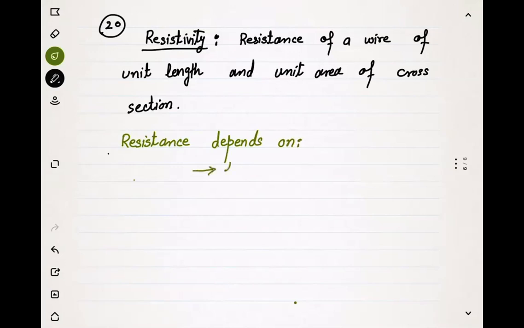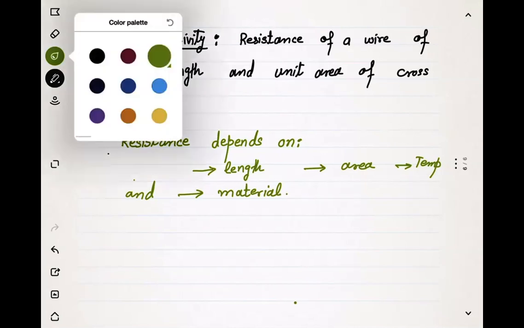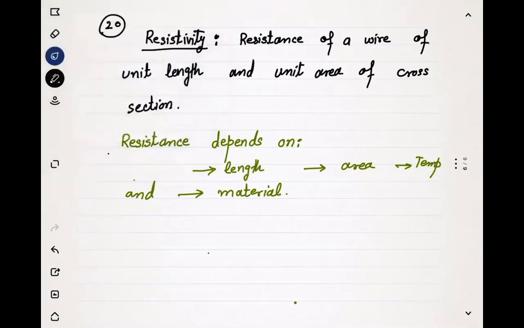They are length, area, temperature, and the material of which the wire is made of. These are the four factors on which the resistance depends. It depends on dimensions. Length and area are the dimensions. Then it depends on the temperature and material.